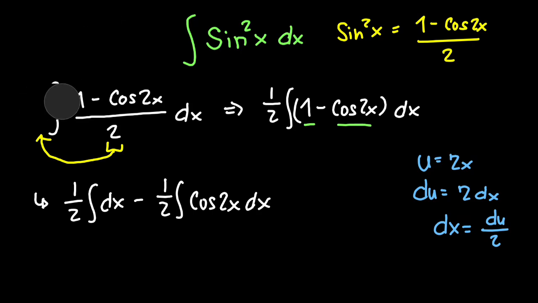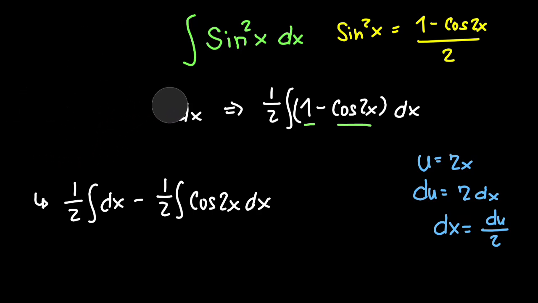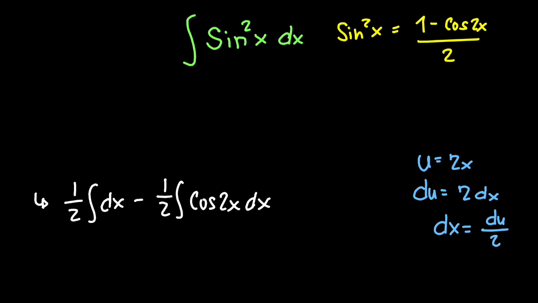Now that we have our values, let us put them in. One half multiplied by the integral of cosine.